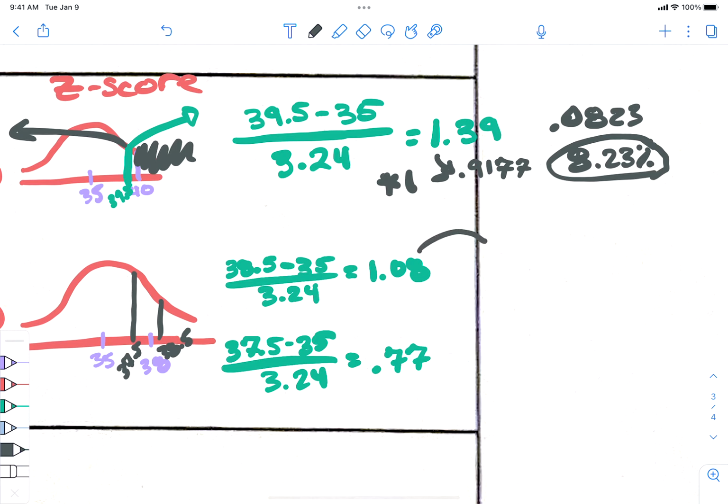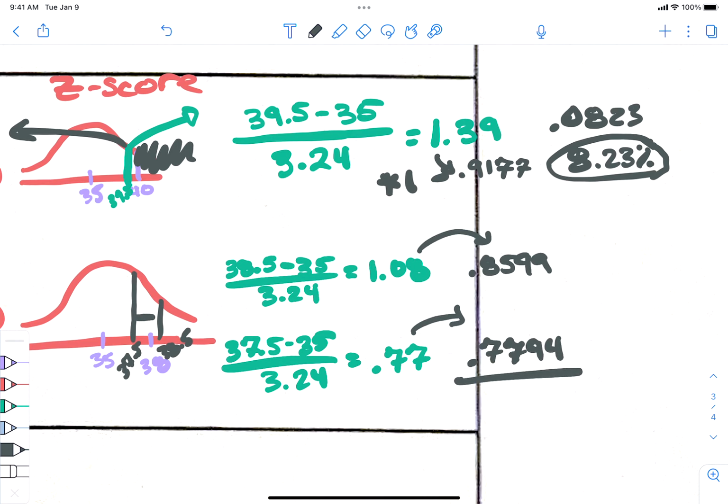Now we're going to convert each of those to a percent. 1.08 is like 80 some percent: 0.8599. And 0.77 is 0.7794. But I want that slice in between them, so I'm going to subtract.